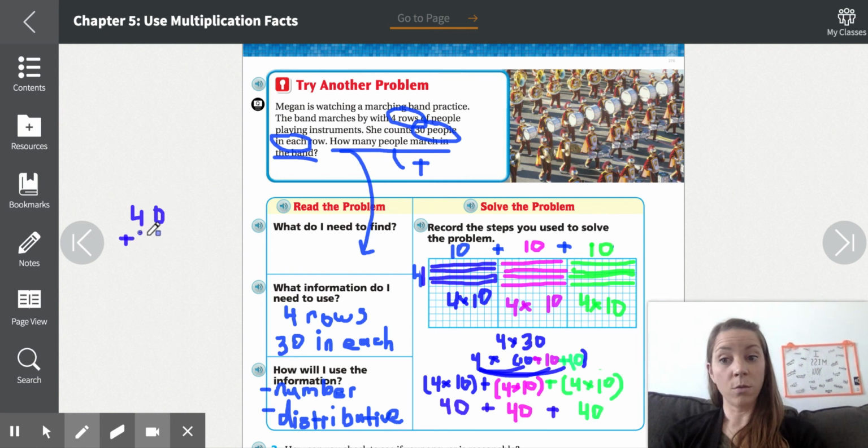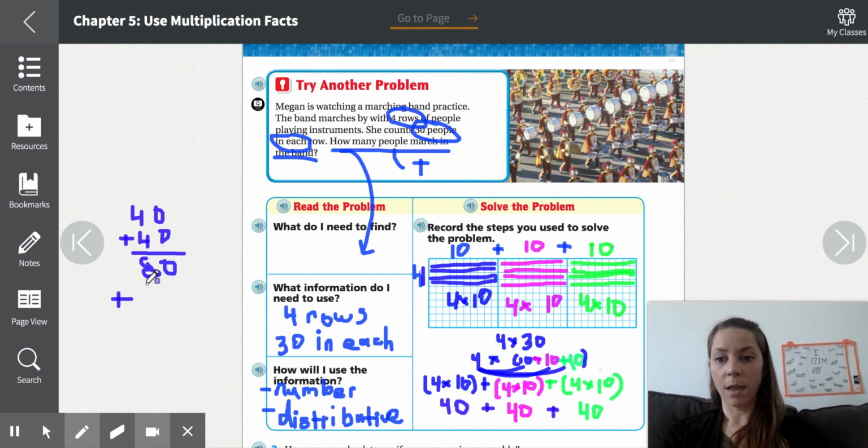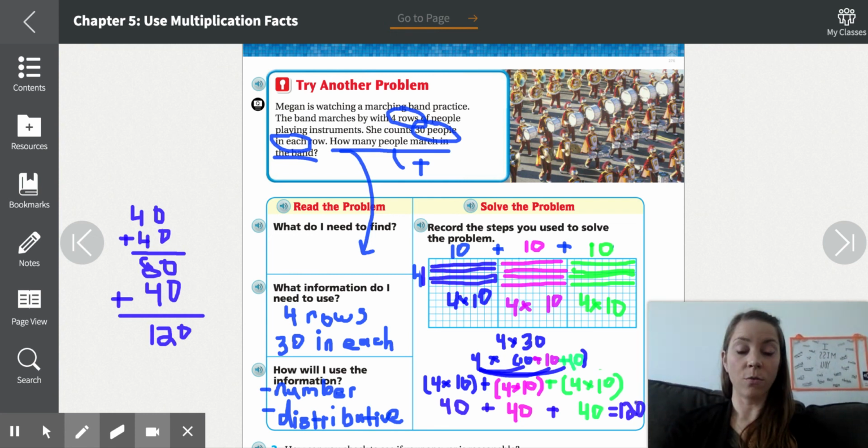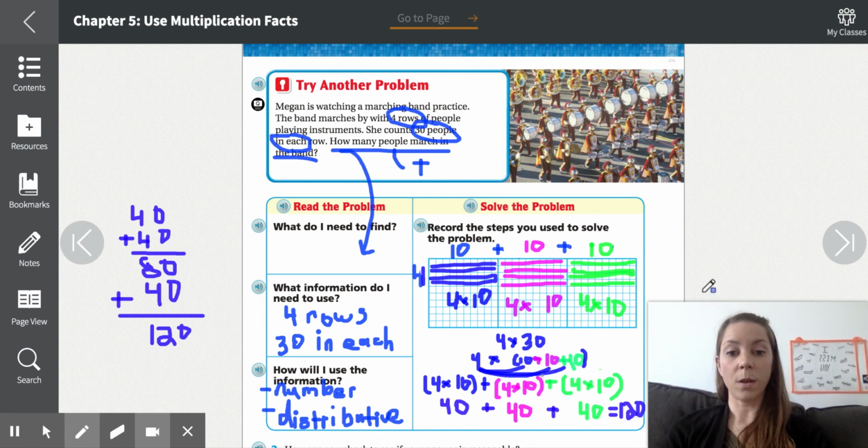Some of you can do 40 plus 40 plus 40 mentally. But just to be safe, we can do 40 plus 40 is 80, and then another 40 is 120. So this all together is 120. So you just solved 4 times 30 by breaking down the 30 into 4 times 10, 4 times 10, 4 times 10, which would be 120.